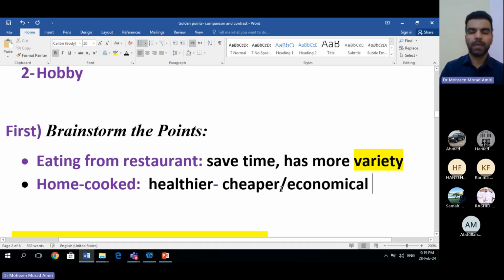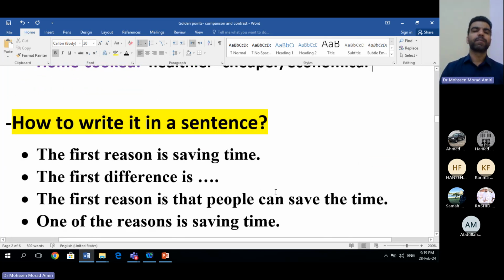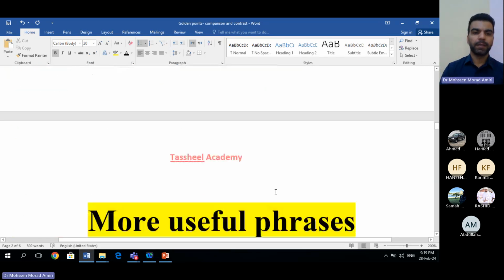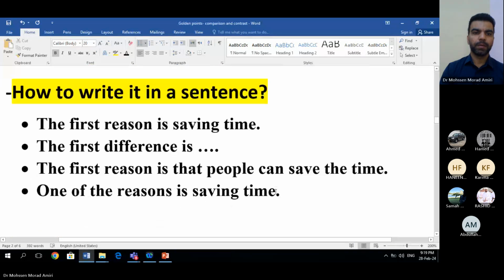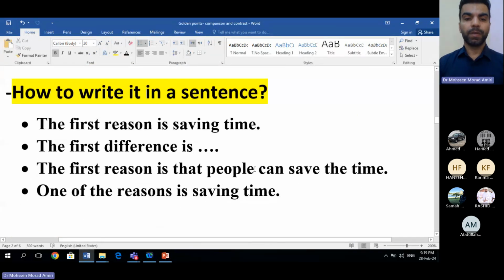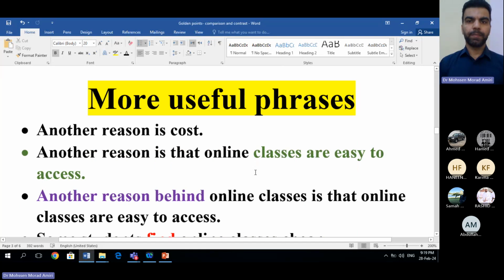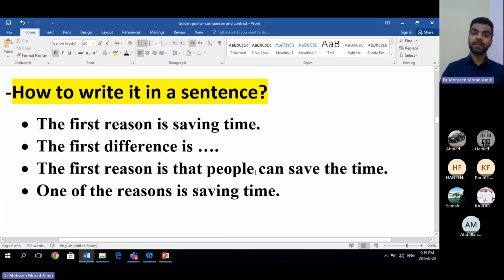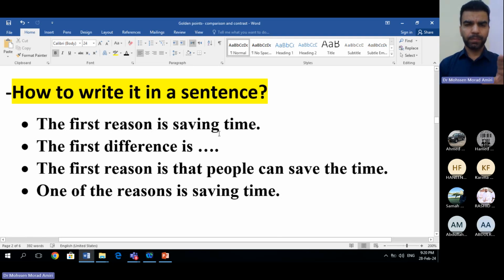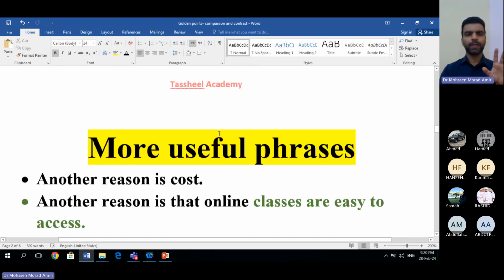These are nice examples. Now, guys, let's learn some phrases. Now I want to make you familiar with the topic sentence of the body. Before I go to the body, just hold on.